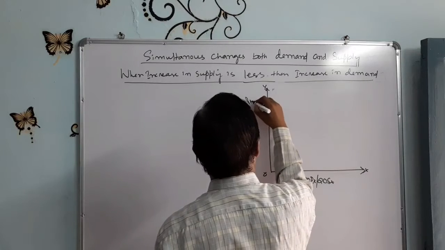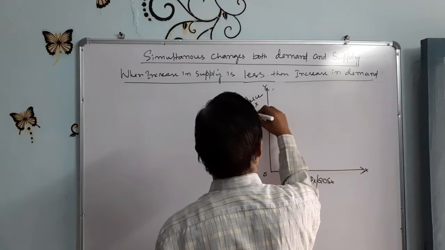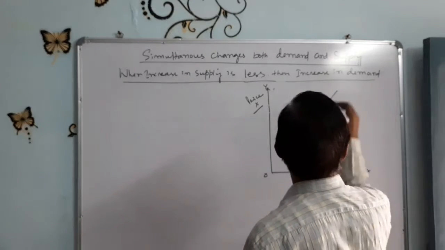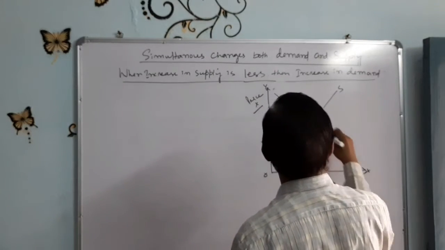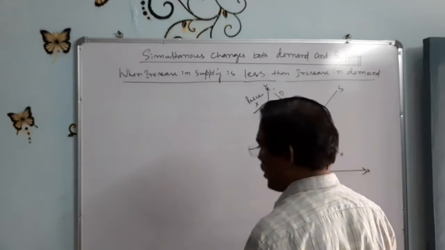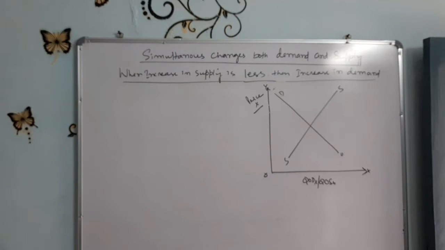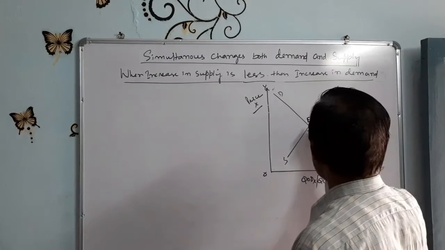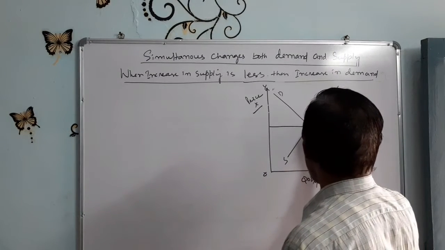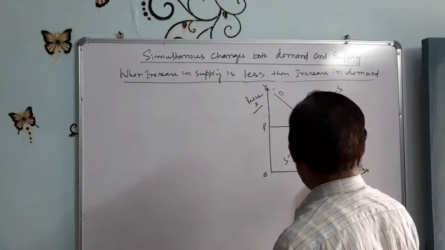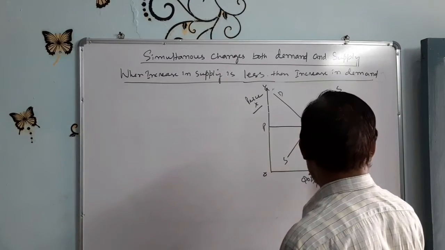OY represents the price of X goods, and this is the supply curve, and this is the demand curve. We already know the supply curve moves upwards from left to right, the demand curve slopes downwards from left to right, and E is the equilibrium point, OP is the equilibrium price, and OQ is the equilibrium quantity.